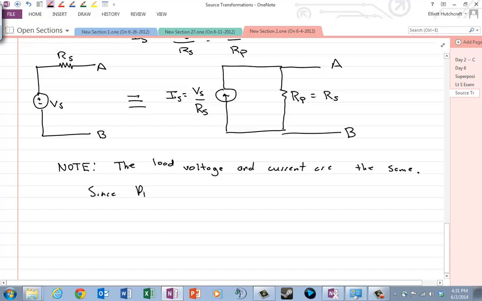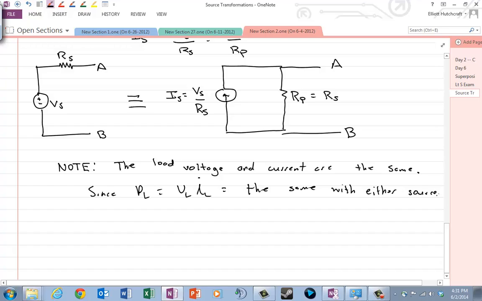Since the load power would be VL IL, since I use the current IL going from plus to minus, and the voltage VL and the current IL are the same, then the power is the same with either source, which of course we would hope, because they wouldn't be equivalent if they weren't.